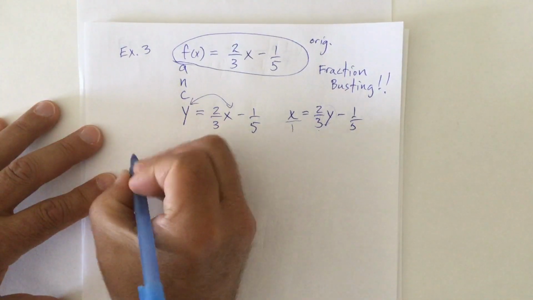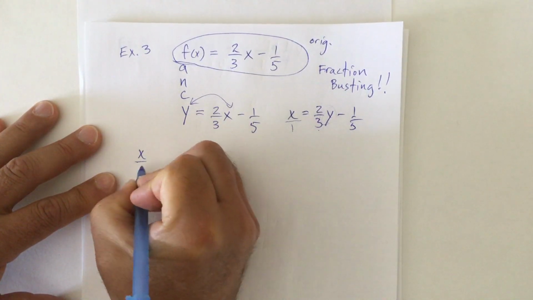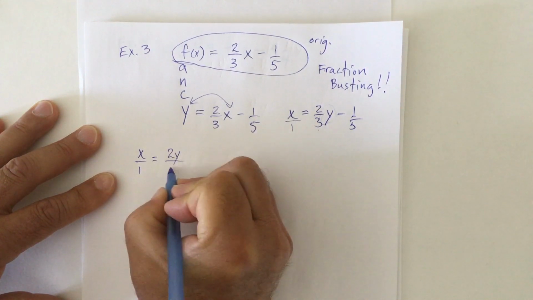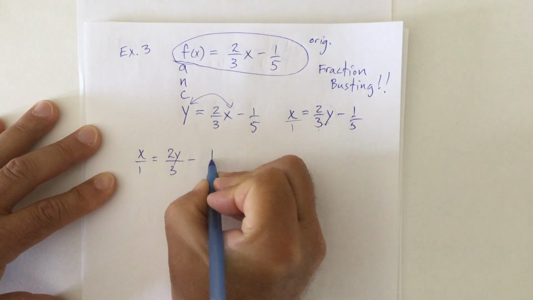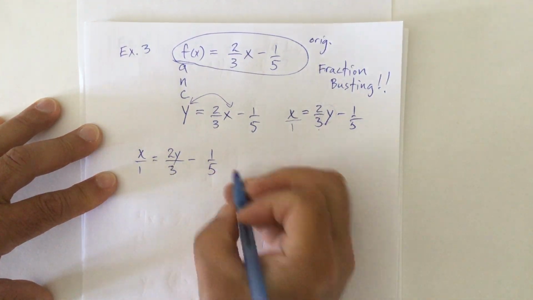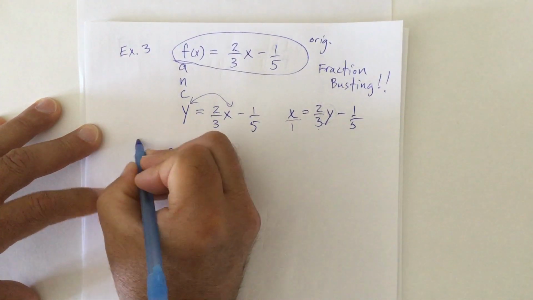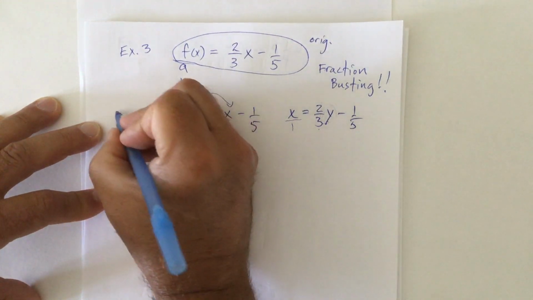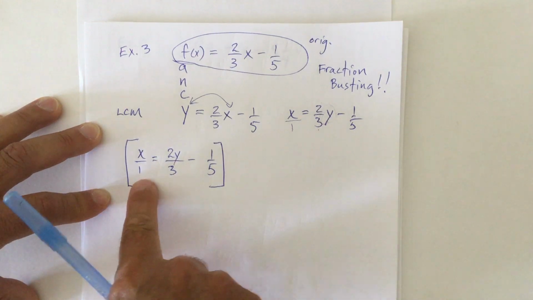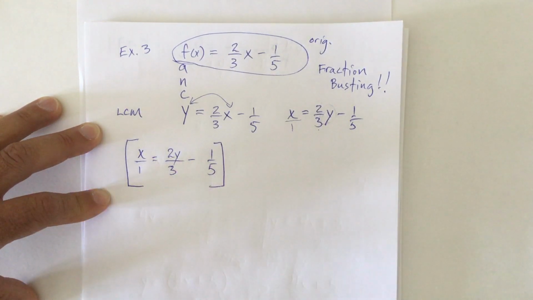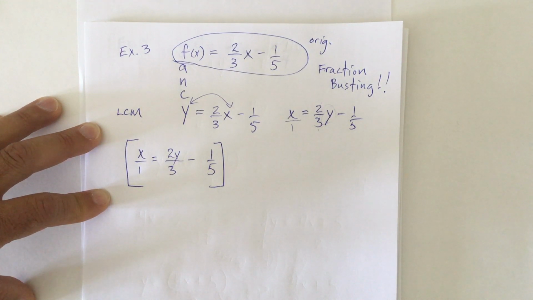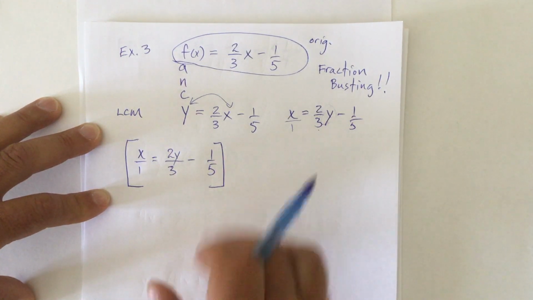So I'm going to rewrite this and I'm going to say x over 1 equals 2y over 3 minus 1/5. And I'm going to say, you know what? Fraction busting is all about multiplying everything in this statement by the least common multiple, by the LCM. 1, 3, and 5 all go into 15. They all go into 30 too. Not 32, but 30 also.